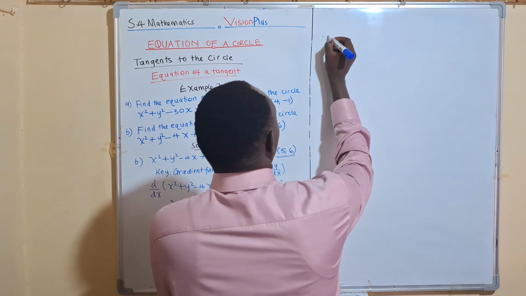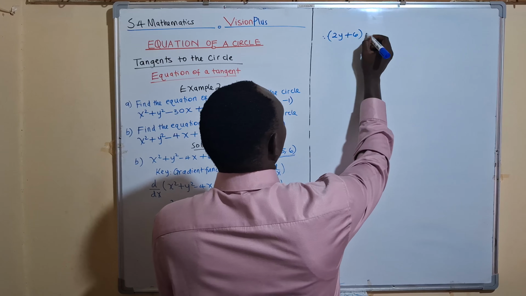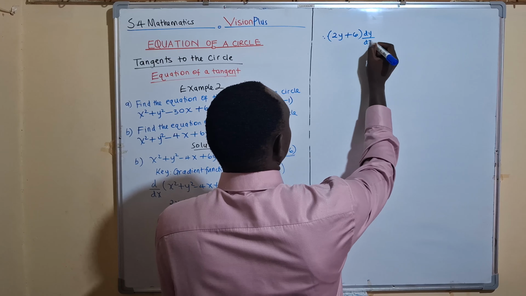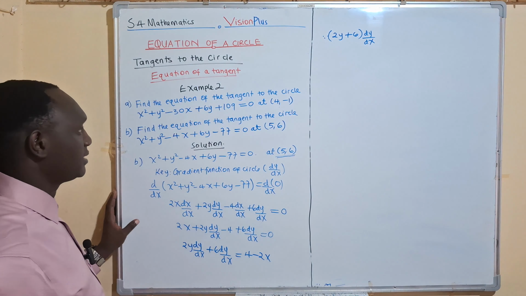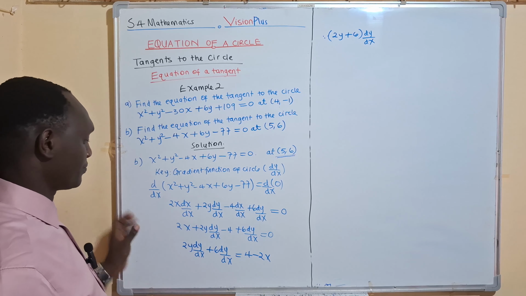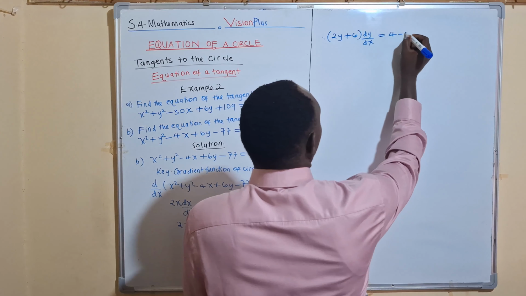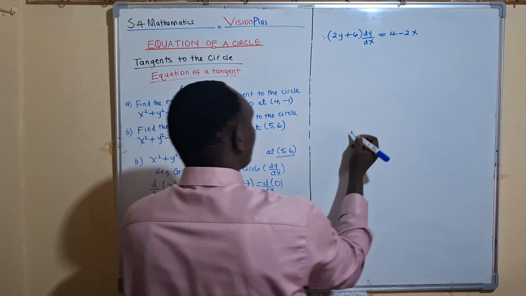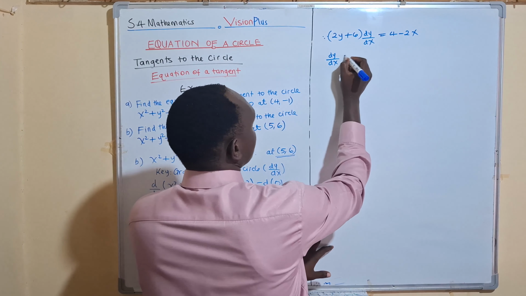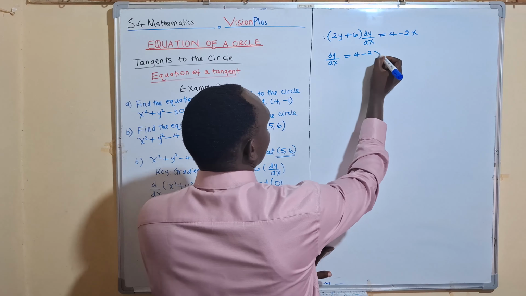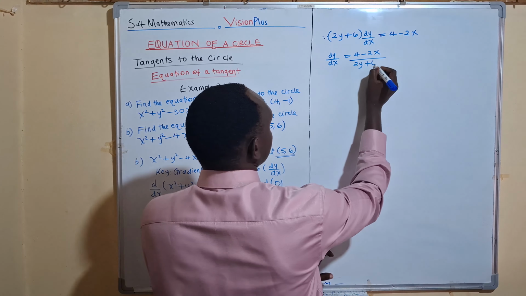Therefore, when we factorize that, we shall have (2y plus 6) dy/dx equals 4 minus 2x. What do we do here then? We make dy/dx the subject. So dy/dx becomes (4 minus 2x) over (2y plus 6).